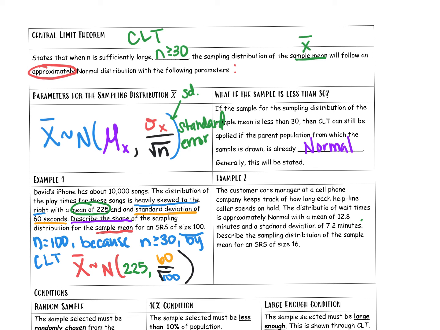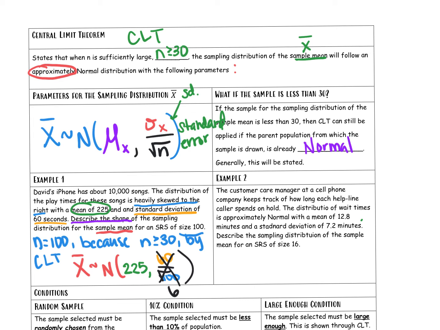And then we can just simplify that. The square root of 100 is 10. 60 divided by 10 is just going to be 6. So basically we have parameters that say the mean of this curve is going to be 225 and the standard deviation is going to be 6.